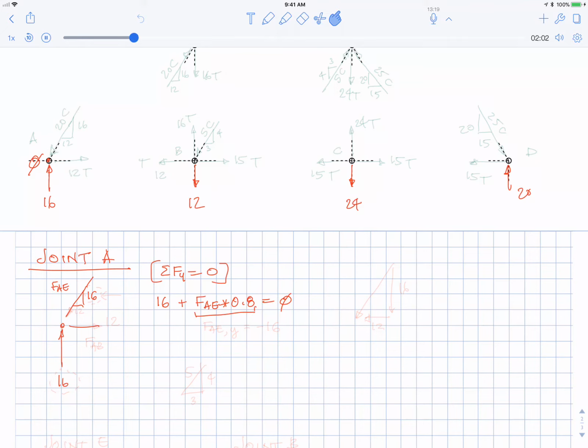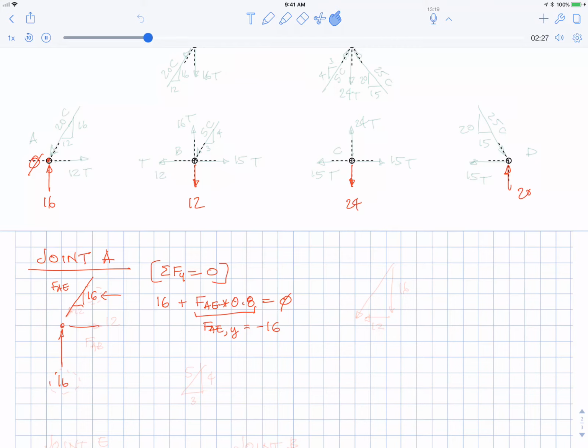This right here is the y component of FAE. Now, obviously, for that to be 0, this has to equal minus 16. 16 plus minus 16 equals 0. What I've done, instead of writing that equation, I've just drawn it right here.